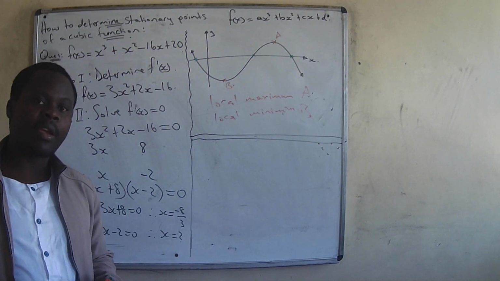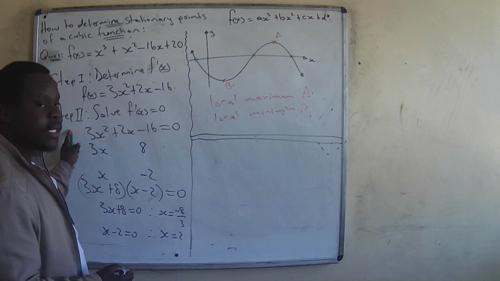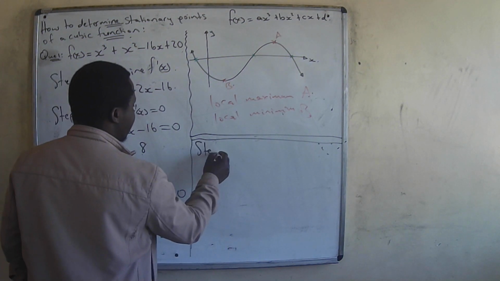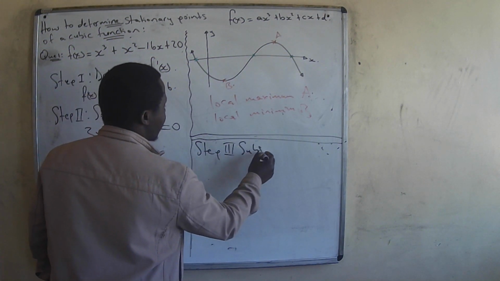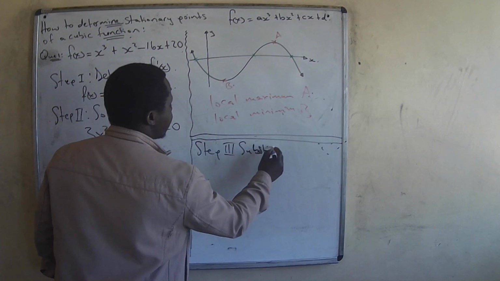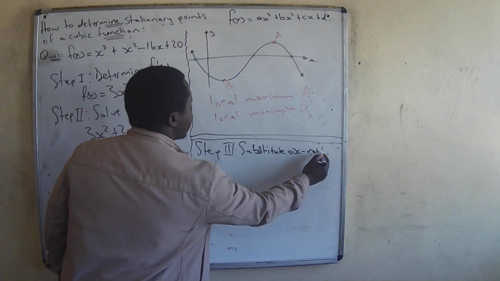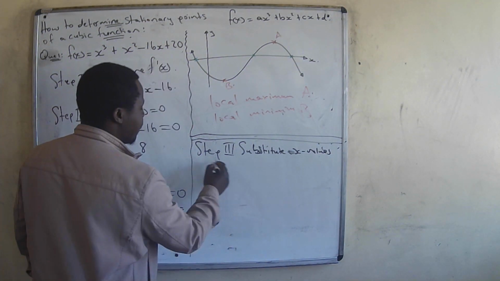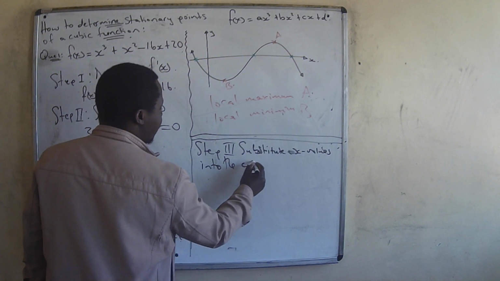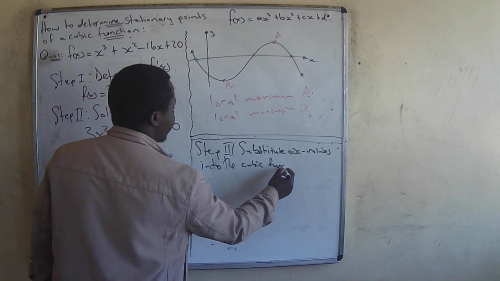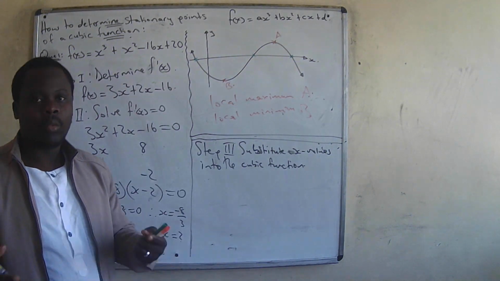For the corresponding y values, we are going to substitute. I will call it step number 3. Let us substitute our x values into the original function, which was our cubic function.